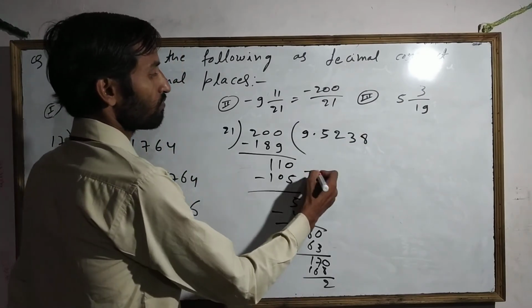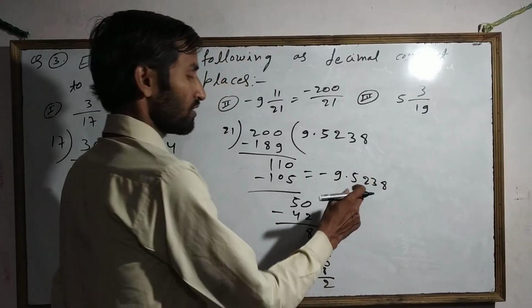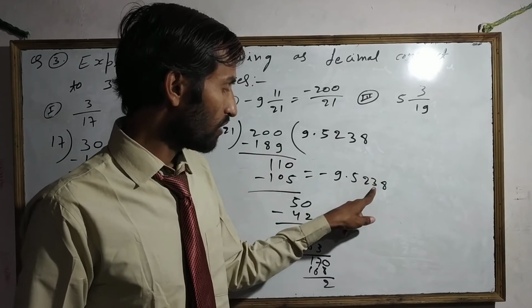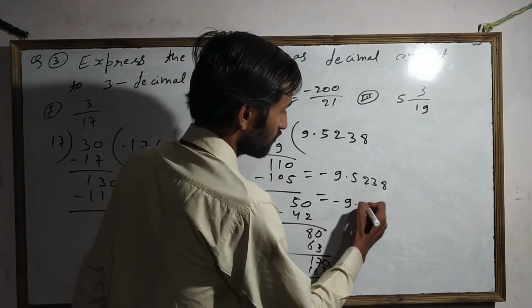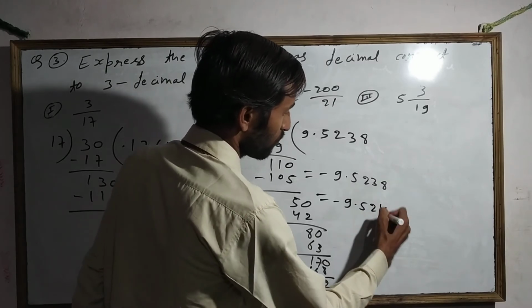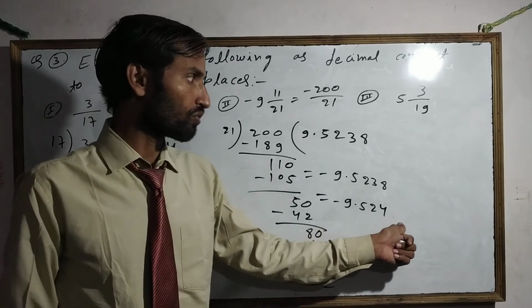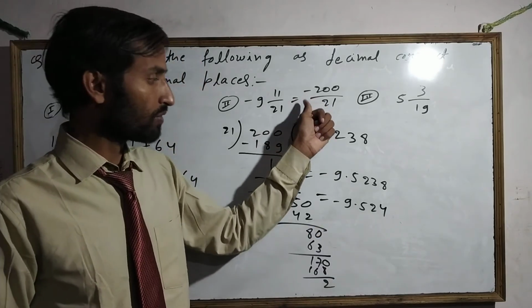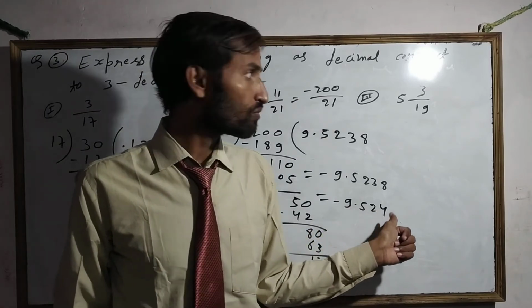So minus 9.5238, you see the 4th digit is 5 or more, so we add 1 to the previous digit and ignore the rest. So 3 plus 1, 4 will come. The final answer is minus 9.524, up to 3 decimal places.